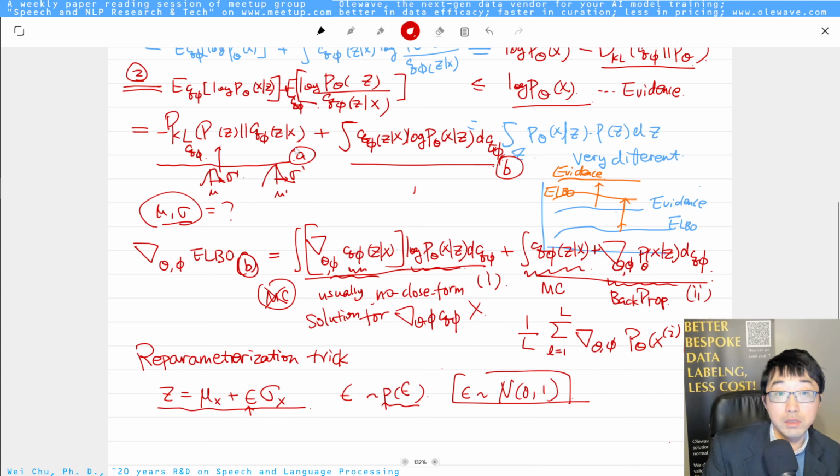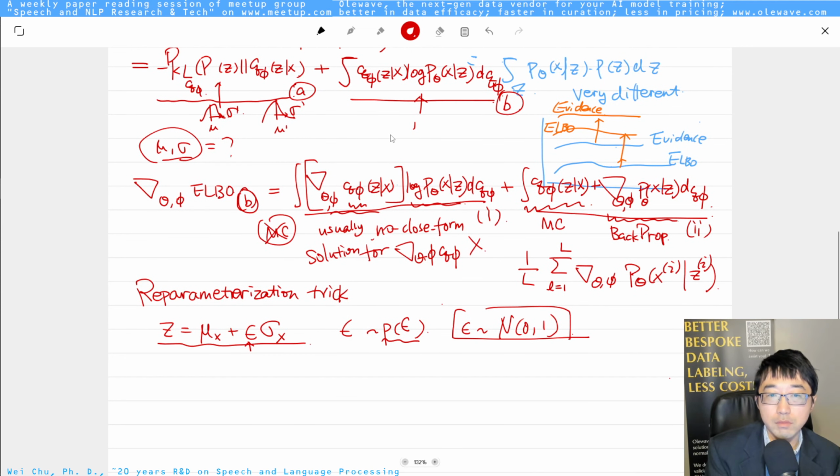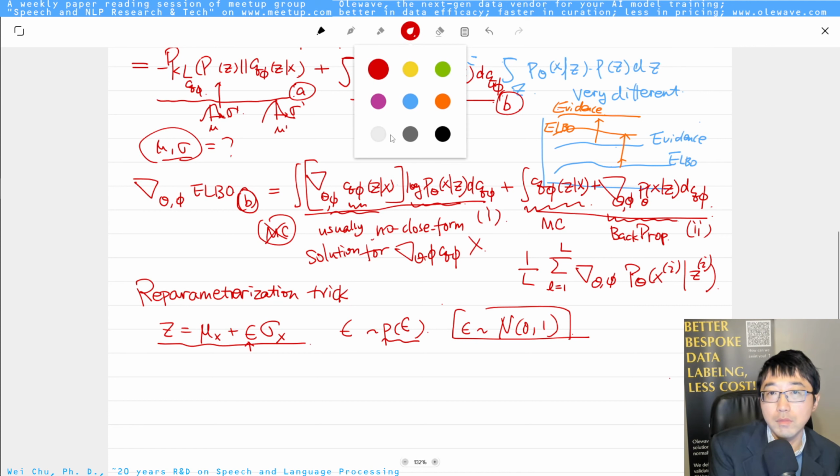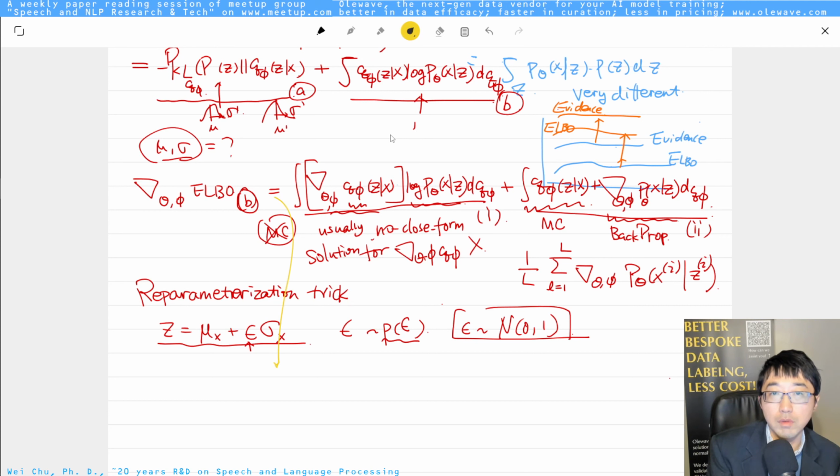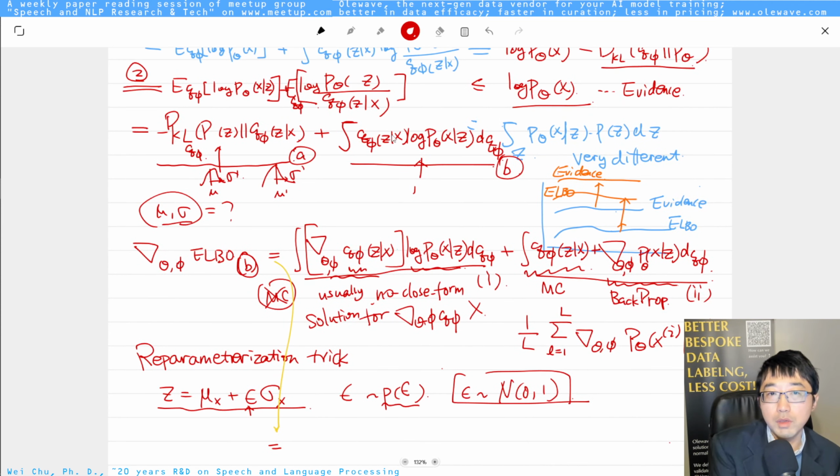Then you see this equation, this part B, it will become what? Use yellow. It will become, it used to be the Q phi, right? So now it'll be, sorry, because as I write, a P epsilon. And you can see the Z and the X are gone, just a P epsilon.